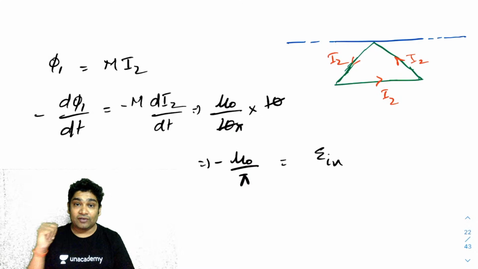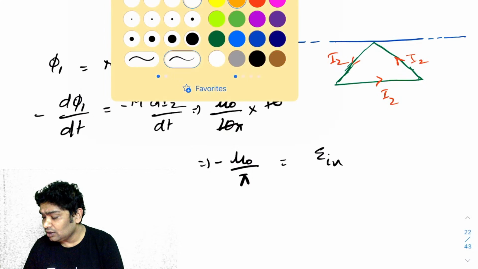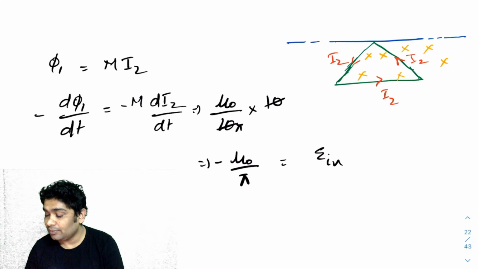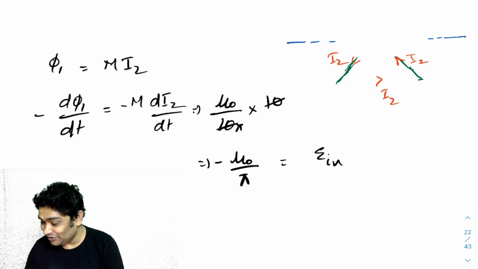It will be producing a flux which is coming out of the paper. So can I say this is producing a field which would be coming out of the paper? Okay, coming out. So yes, no, we will have to redraw everything. No worries.